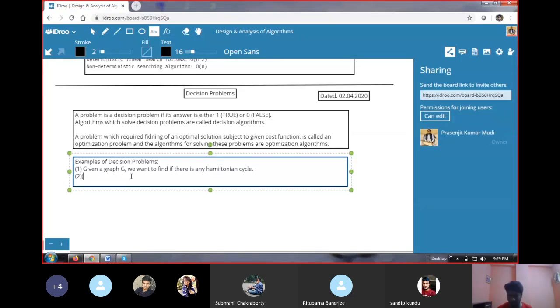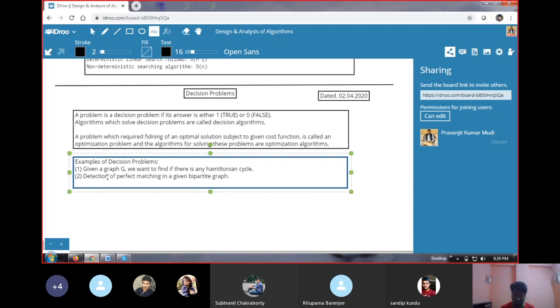We'll talk about this later. What is a Hamiltonian cycle? Next, detection of a matching in a given bipartite graph. We will also talk about bipartite graphs and perfect matching.